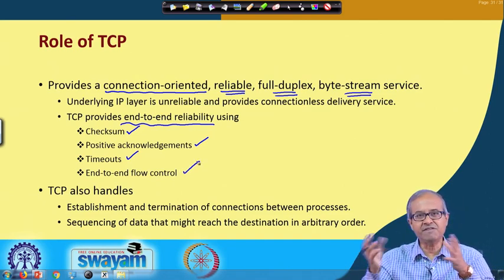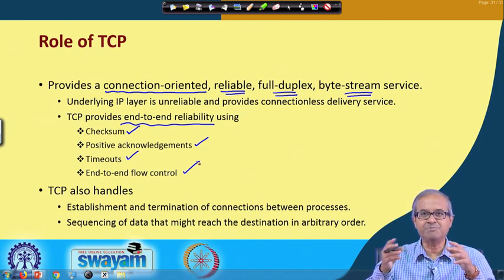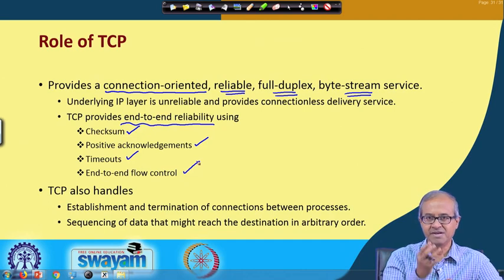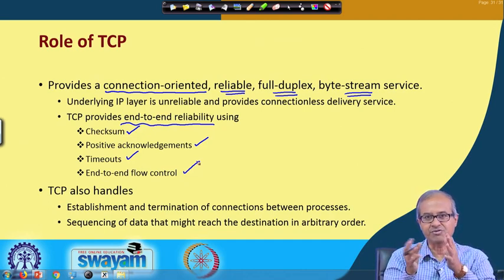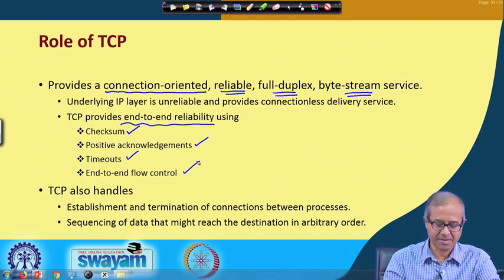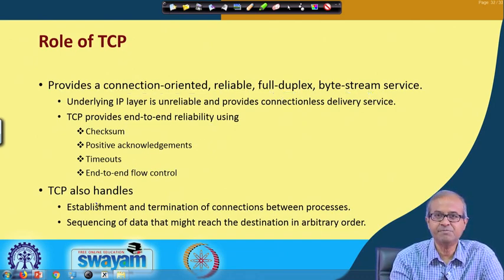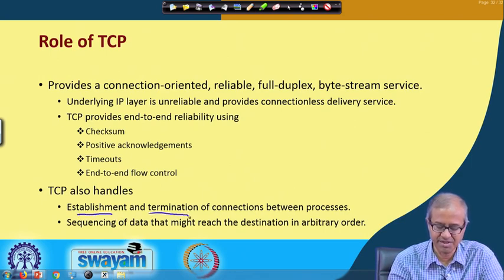The speed of the sender and receiver may not be the same, so dynamically the TCP layer adjusts the speed of data sending and receiving, so that the speed mismatch is taken care of.